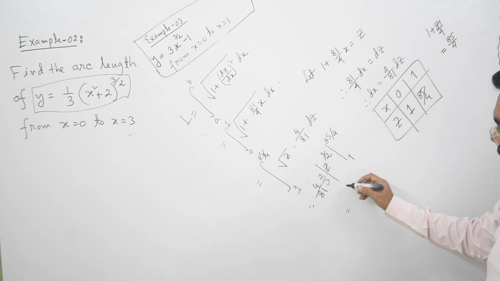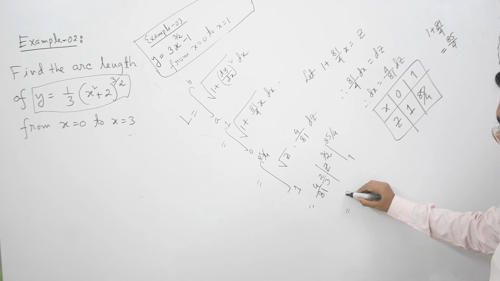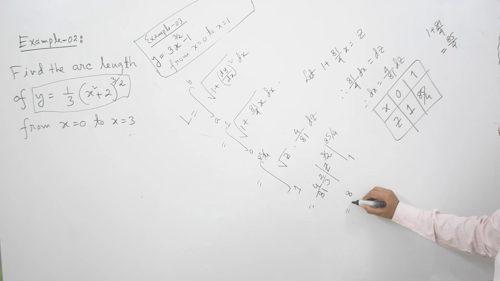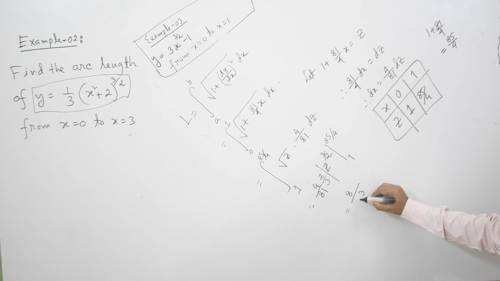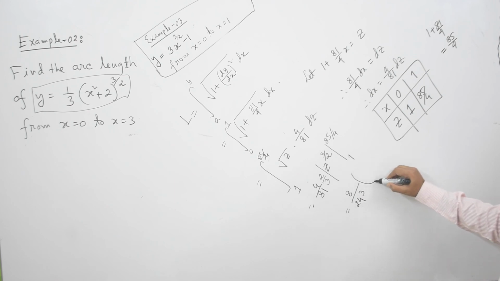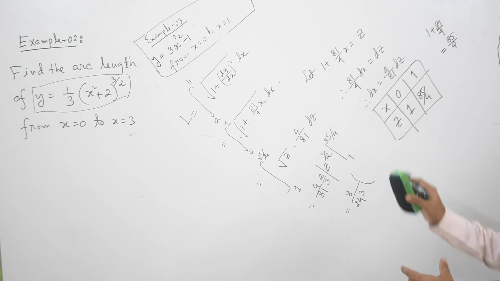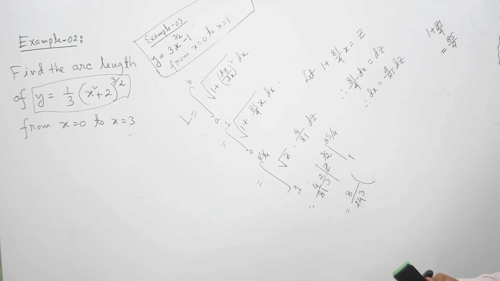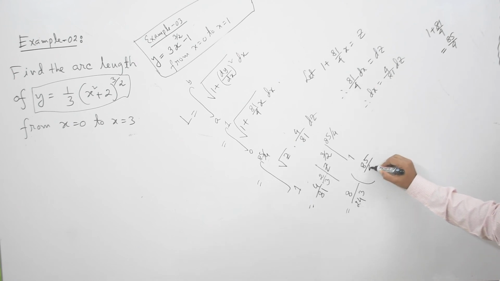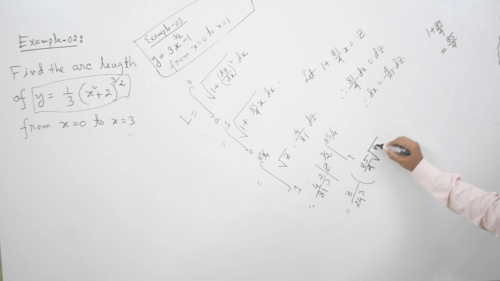So this equals 8 by 243, and 85 by 4, which we can write 85 by 4 root 85 by 4 minus 1.